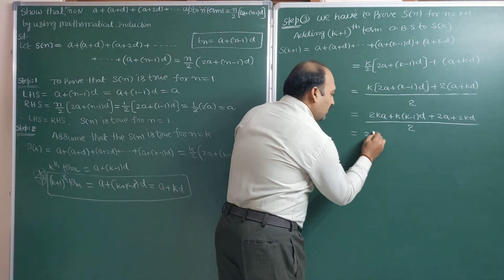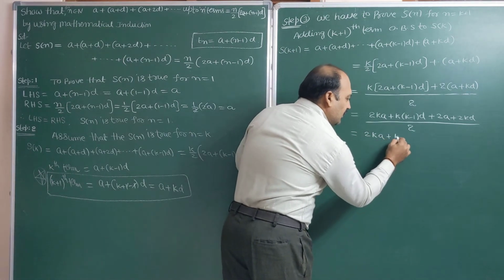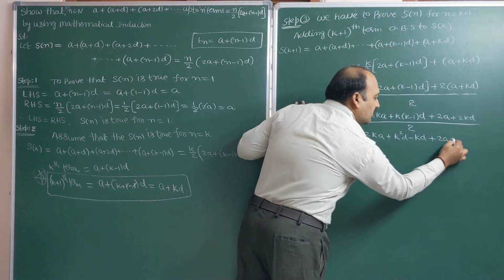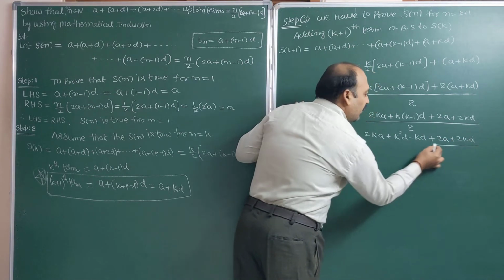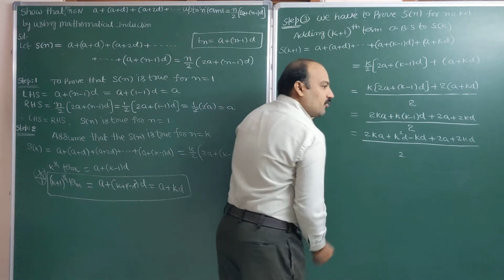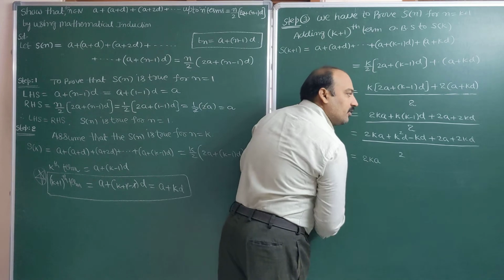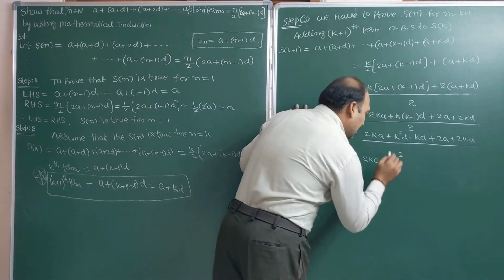So here 2ka plus k square d minus kd plus 2a plus 2kd, by 2. So 2ka, 2kd minus kd plus kd.